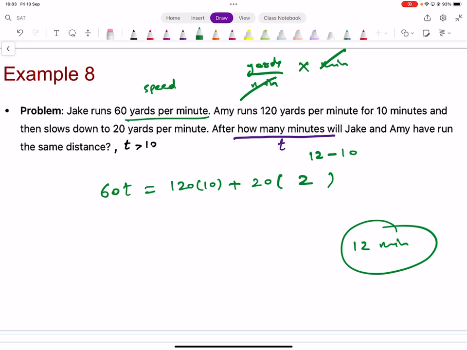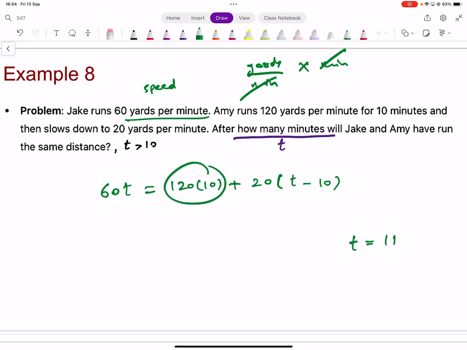So if instead of 12 it was T minutes, 10 minutes are already gone. The time that we take here should be T minus 10. Does that make sense? You can try inputting a value here as well. Let's say T was 11. What does that mean? 120 into 10 plus 20 into 11 minus 10.